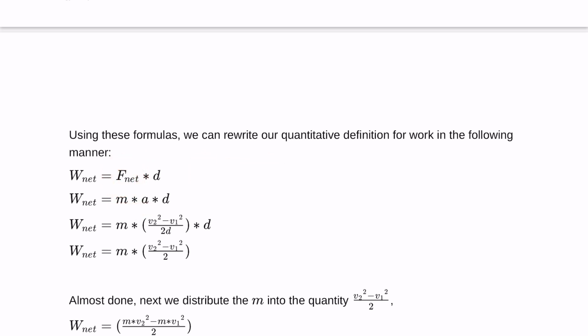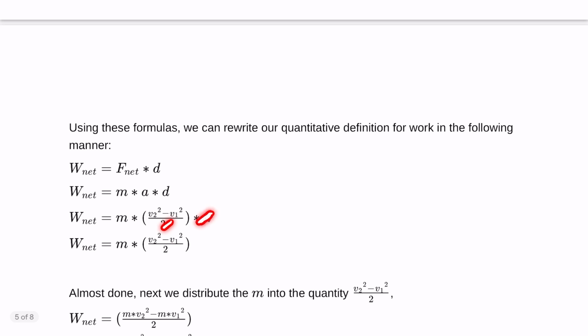Now, we used one of the kinematic equations for uniform acceleration to solve for a in this manner, so we're going to plug that in instead of the acceleration. And from there, we get to cancel out the displacement, and that's one of the reasons why this is very useful. Our new expression that we set equal to work is independent of displacement. And that's actually very important, and that's why we did this whole thing in the first place.